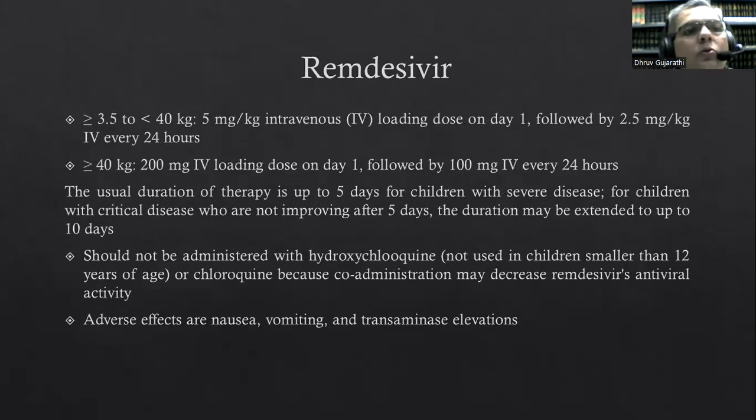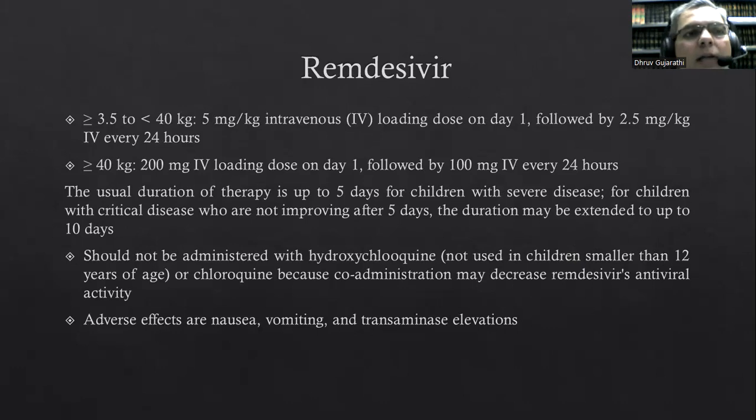We are going to use remdesivir. What is the dose for remdesivir? If a child is more than 3.5 kilos and lesser than 40 kgs, the dose on day 1 would be 5 mg per kg, that is the loading dose, and it is to be administered once a day.